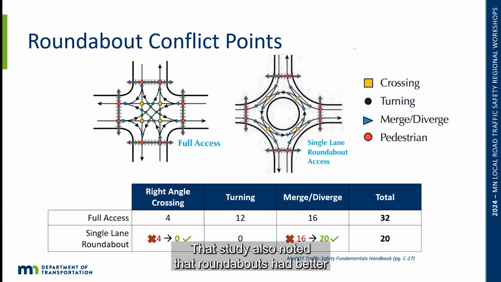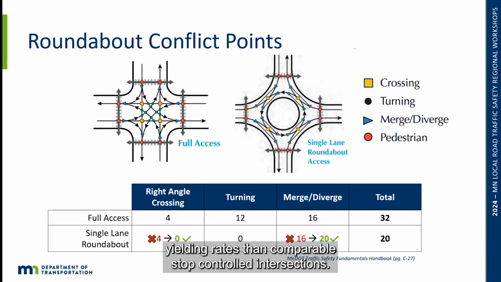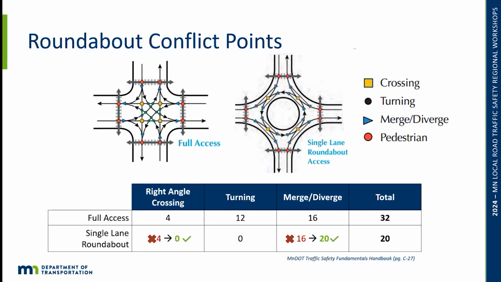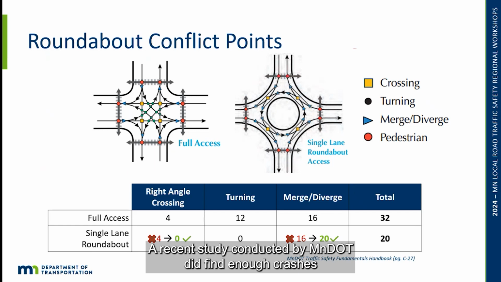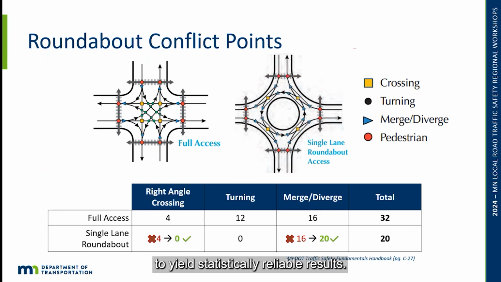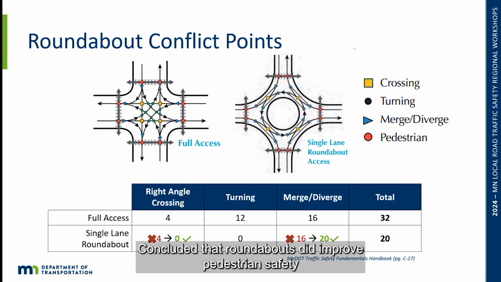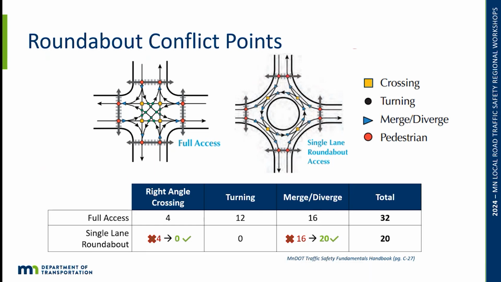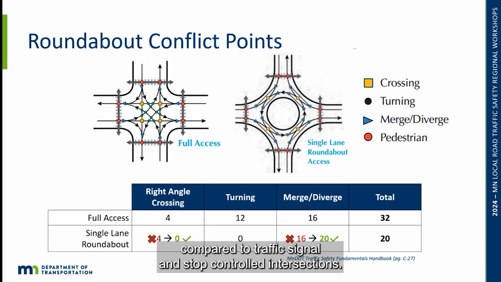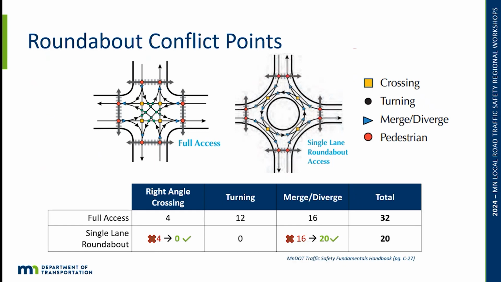That study also noted that roundabouts had better yielding rates than comparable stop-controlled intersections. A recent study conducted by MnDOT did find enough crashes to yield statistically reliable results, and concluded that roundabouts did improve pedestrian safety compared to traffic signal and stop-controlled intersections.